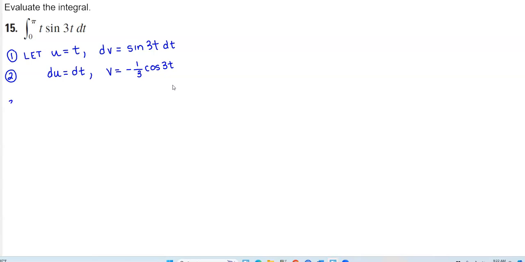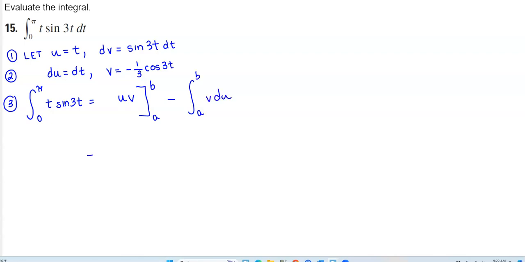Now in step number 3, let's rewrite our question. So we're going from 0 to pi of t sine of 3t. And then we're going to use our formula. Since it's a definite integral, we have u times v going from a to b minus the integral going from a to b of v du.